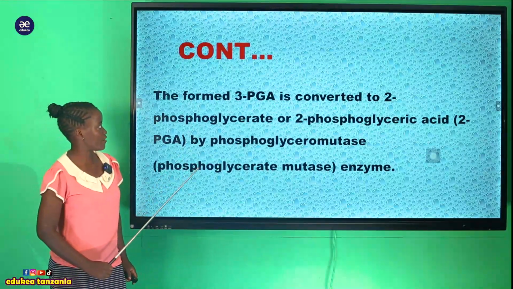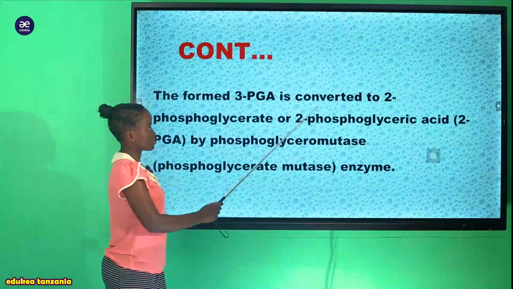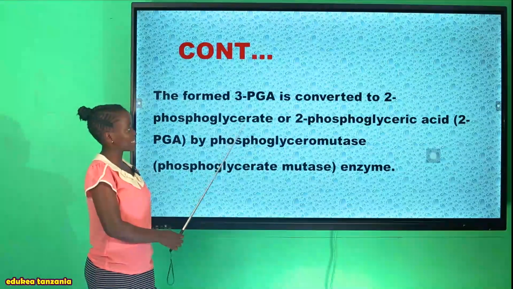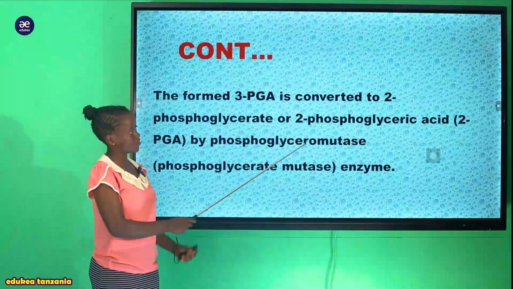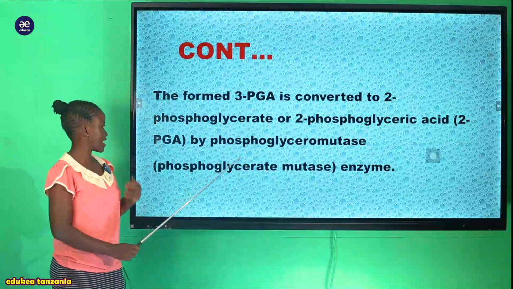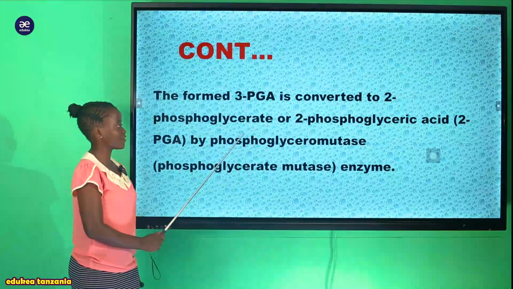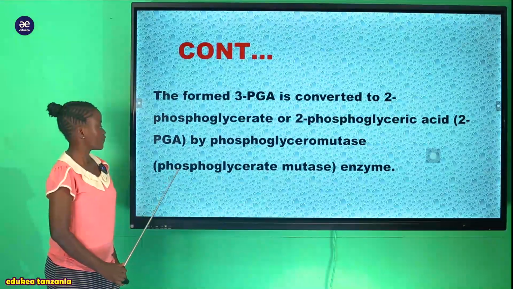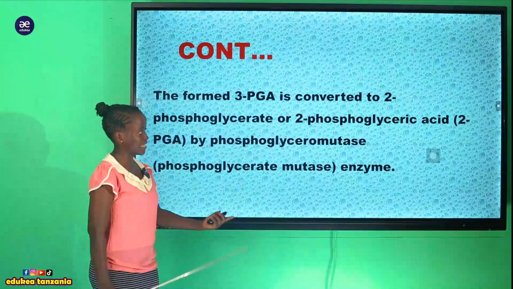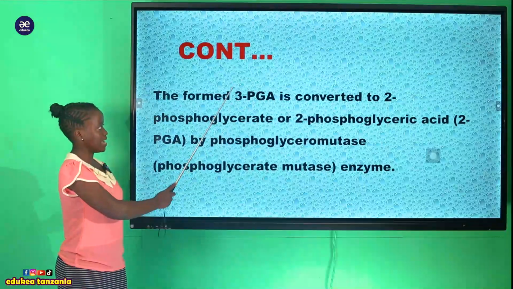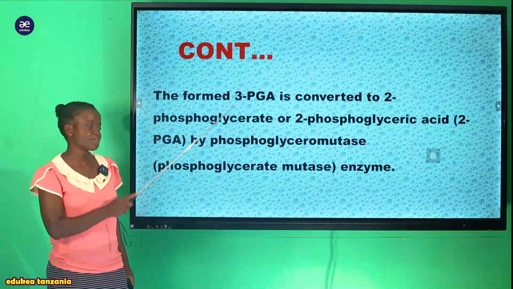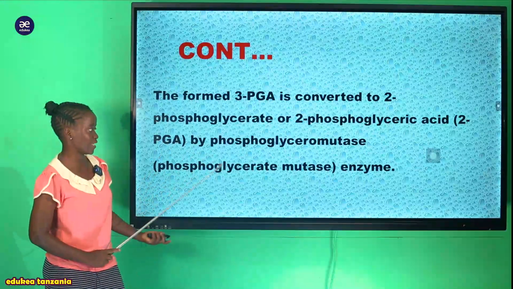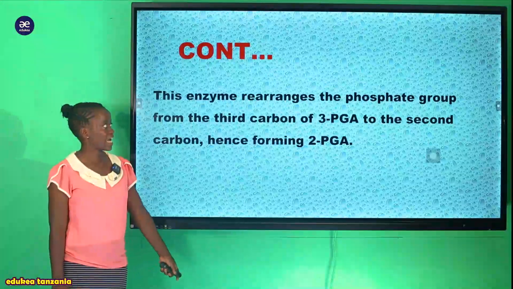But also the formed 3-PGA is now converted to 2-phosphoglycerate or 2-phosphoglyceric acid, which is the 2-PGA, by the phosphoglyceromutase, which is the phosphoglycerate mutase enzyme. So the PGA we got there is converted to get the 2-PGA under the enzyme.